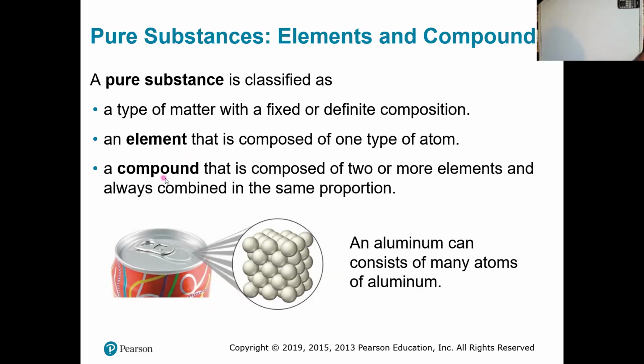A compound, on the other hand, is going to be composed of two or more elements. All right. So you're going to have at least two elements that make up a compound. And these elements are going to combine in the same proportion in every sample. Okay. The proportion that they combine in will never change. We'll look at some examples of this in a second. We'll just go on with these definitions first.